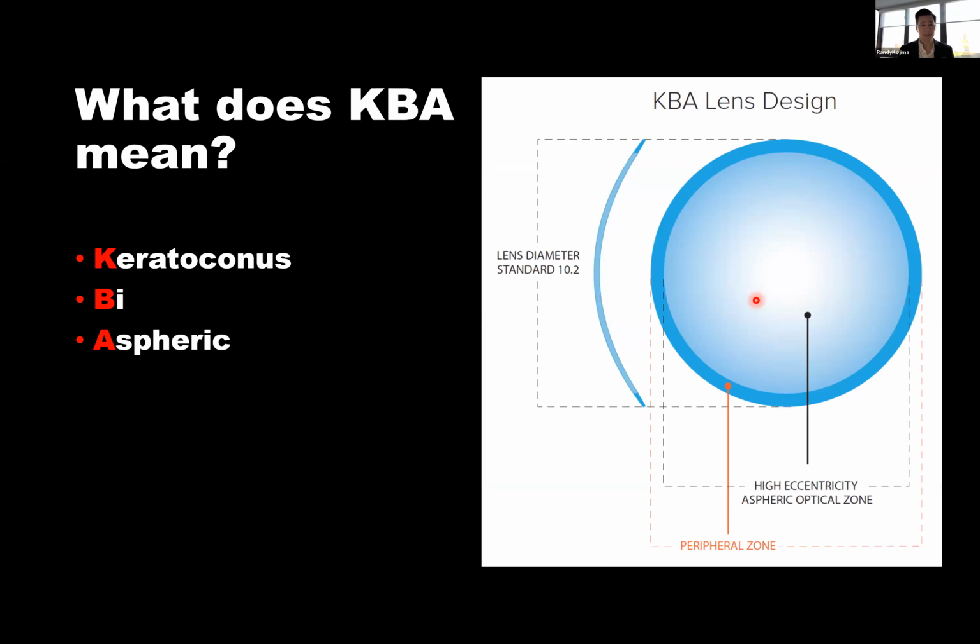Now, the KBA was designed specifically for the irregular cornea as a corneal GP for these difficult eye shapes. KBA stands for keratoconus biaspheric, meaning the front of the lens is aspheric, the back of the lens is aspheric.